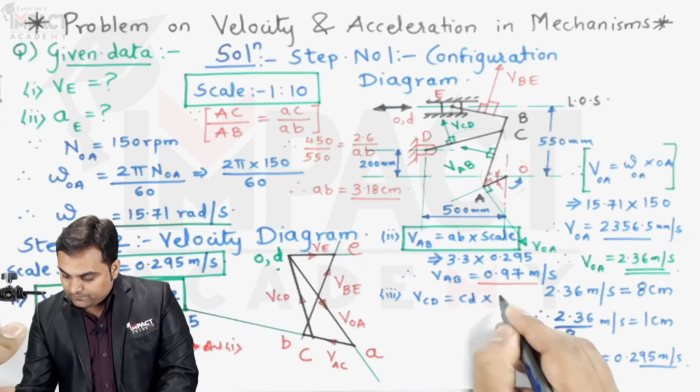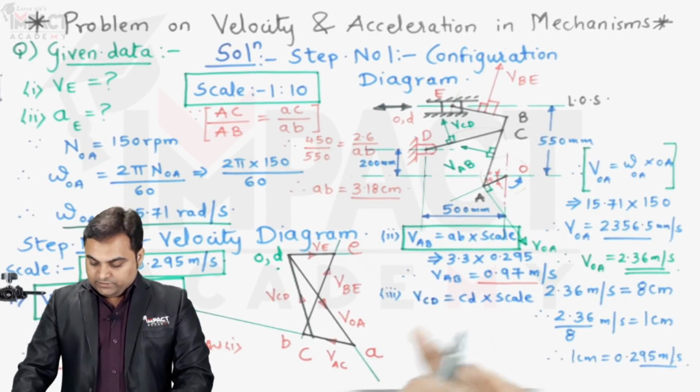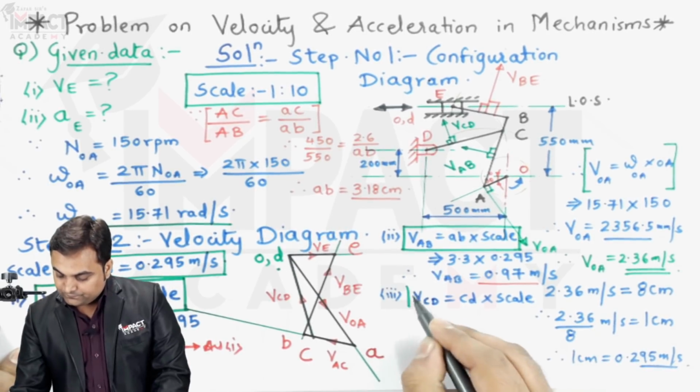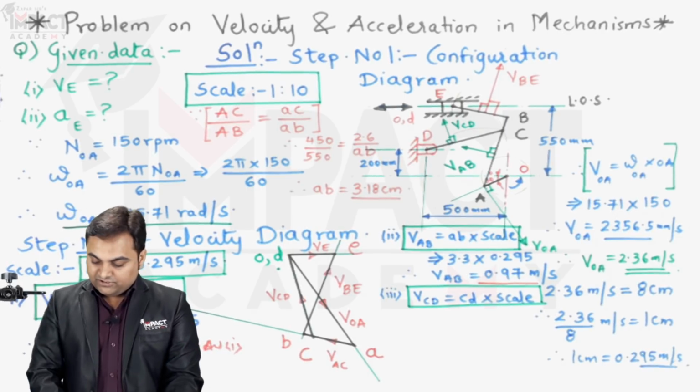Which is distance C to D into scale. Here we have distance CD. CD, I'll measure it in terms of centimeters.